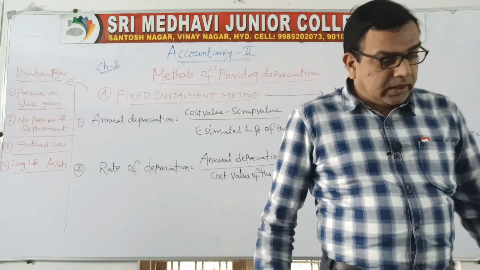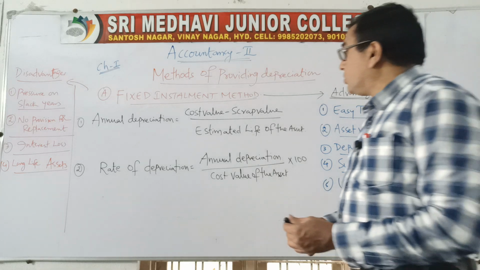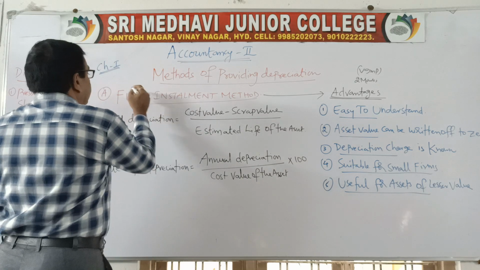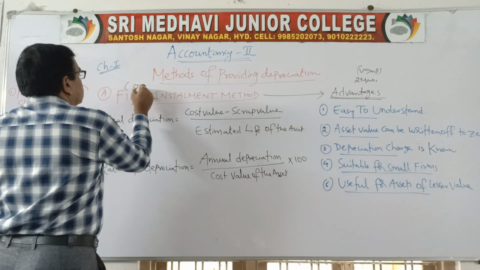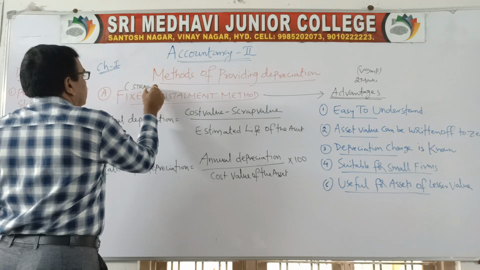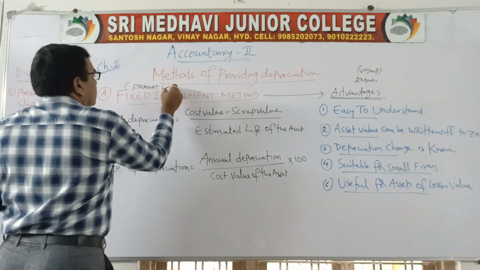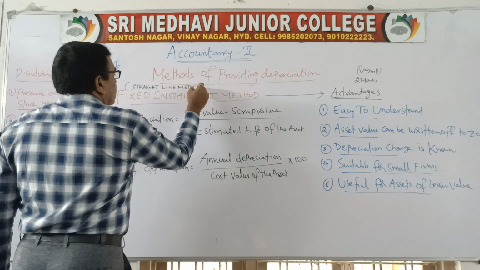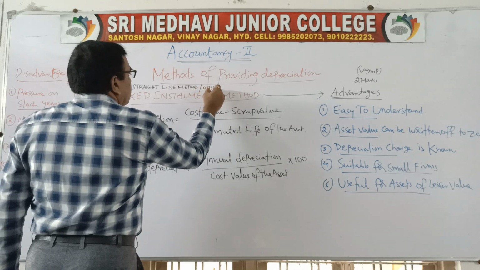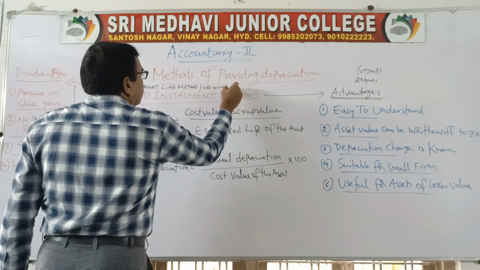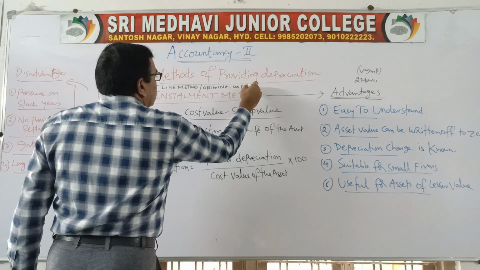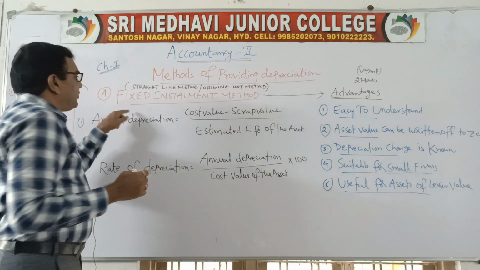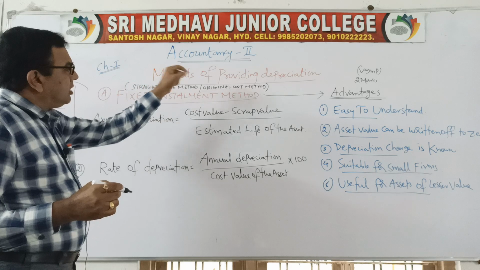The fixed installment method is also known as the straight line method, or also called the original cost method. So this method has got three names: fixed installment method, straight line method, or original cost method.